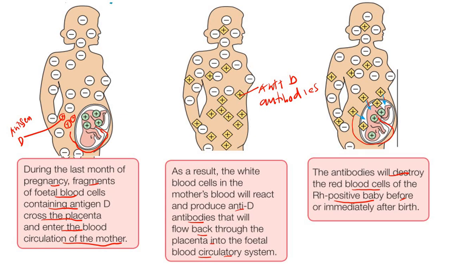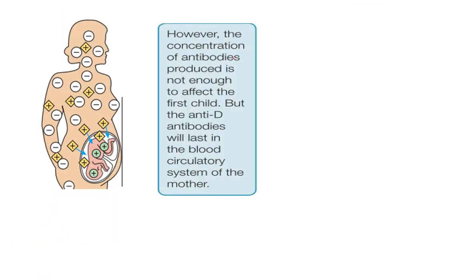However, the concentration of antibodies produced is not enough to affect the first child, but the anti-D antibodies will last in the blood circulatory system of the mother.